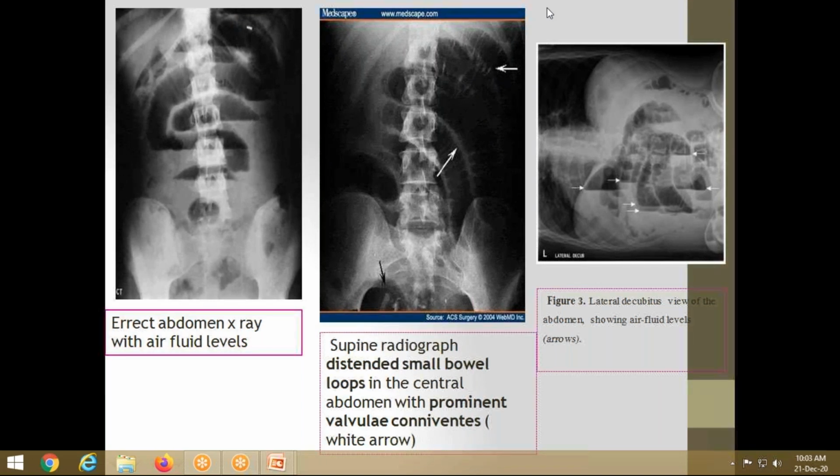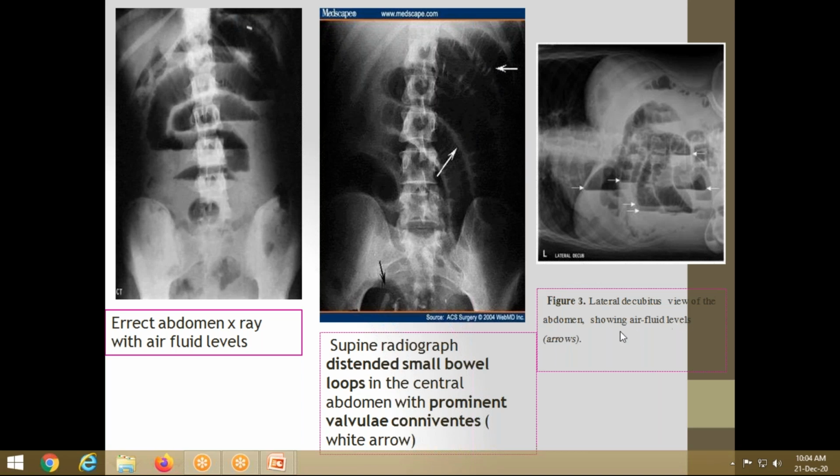Clearly you can see it is located centrally with prominent valvulae conniventes. If it is located peripherally and these lines are complete, it means haustra, and they are seen in the case of large bowel.